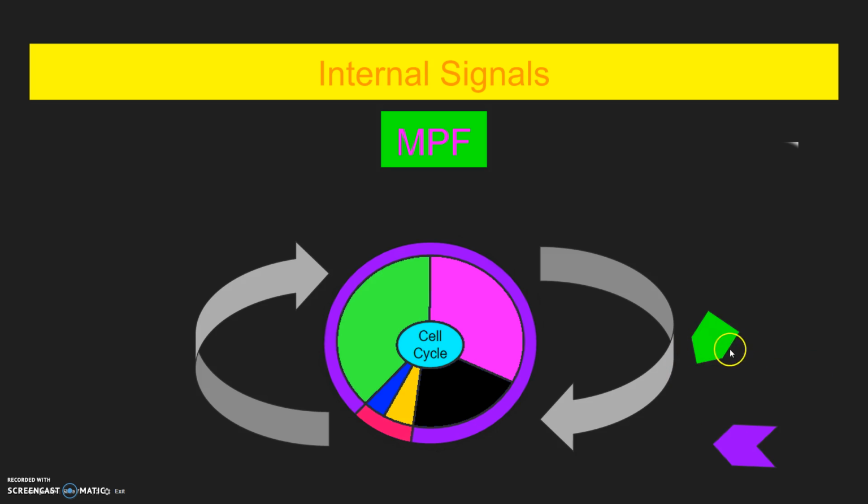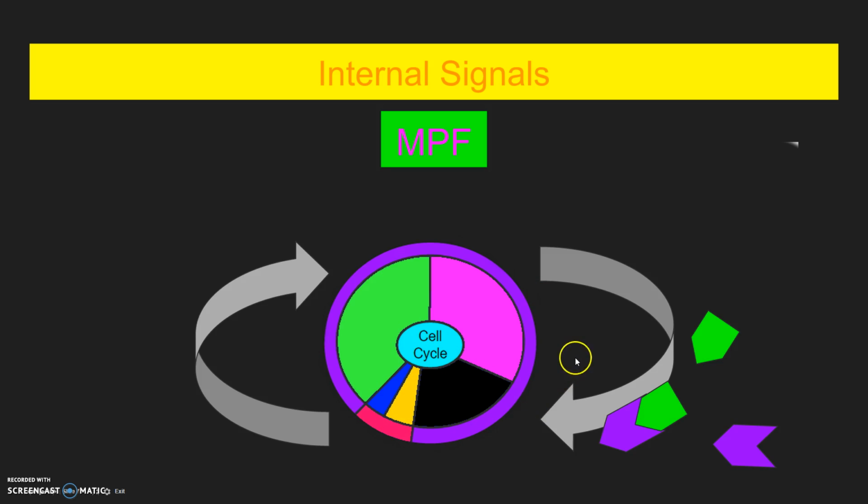So in MPF, these two are going to come together, and they're going to form MPF. And the MPF is going to stand for M-phase promoting factor, basically. So it's going to allow a cell to pass through the G2 checkpoint and into the M phase.